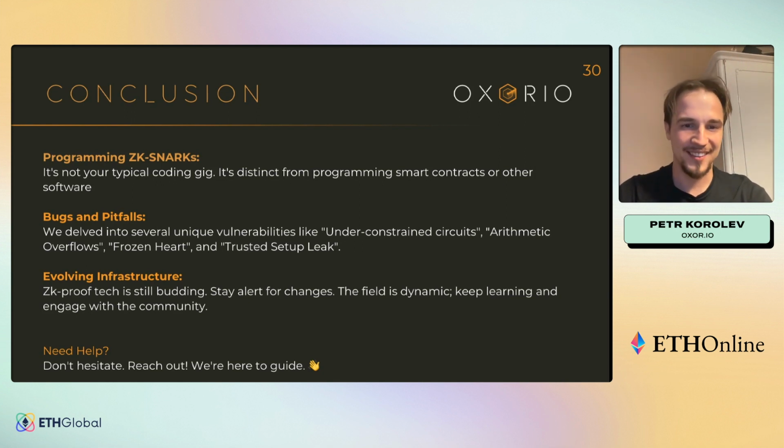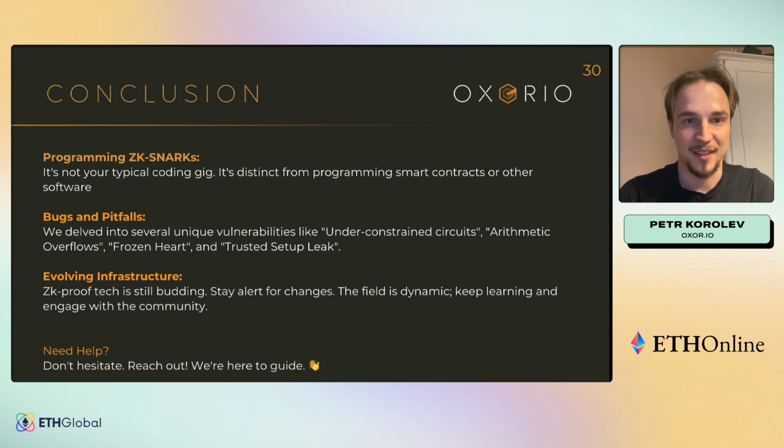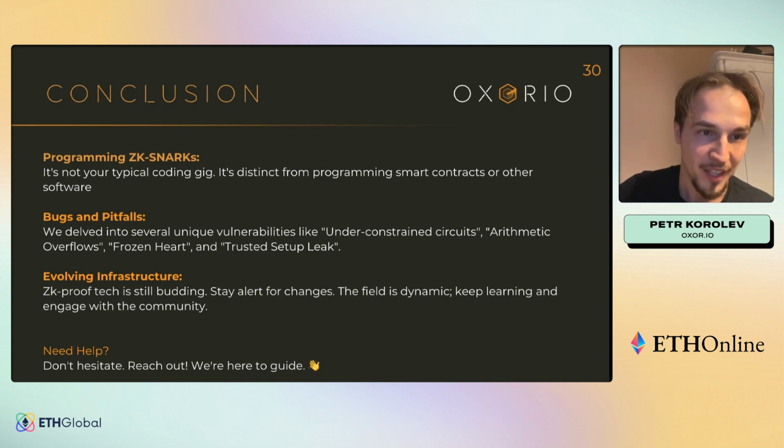It's time to hack. In conclusion, I just want to say that programming zk-SNARKs is not typical programming. Check how finite prime fields work. Check more how you have to build these constraints, because there are so many things that work completely differently in circuits than in normal Solidity programming or other languages.